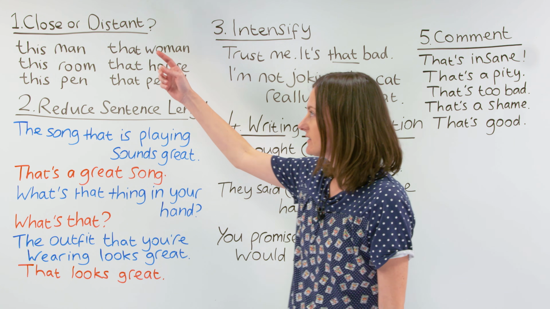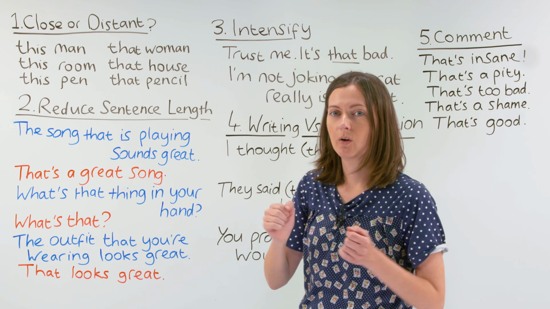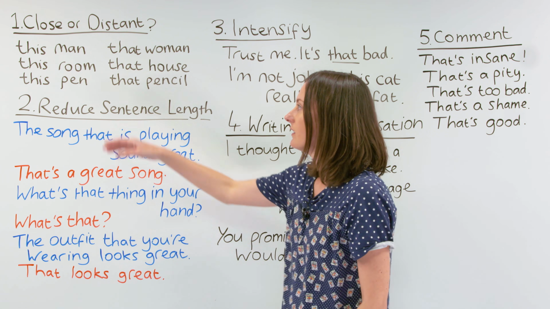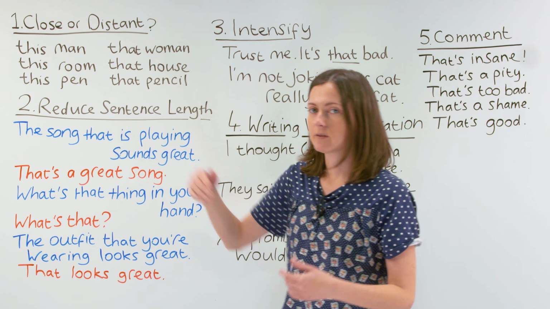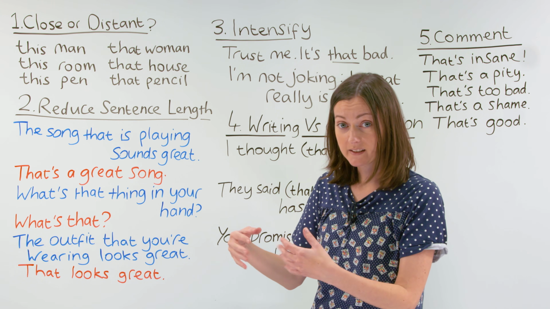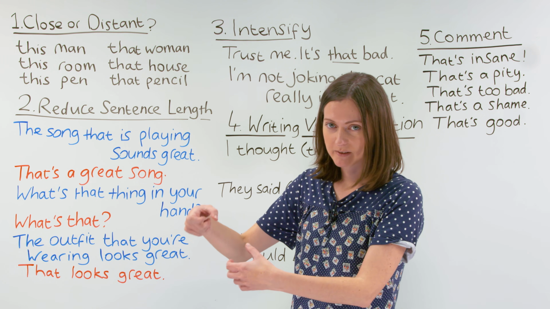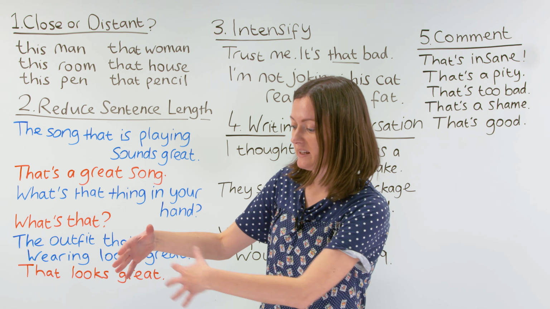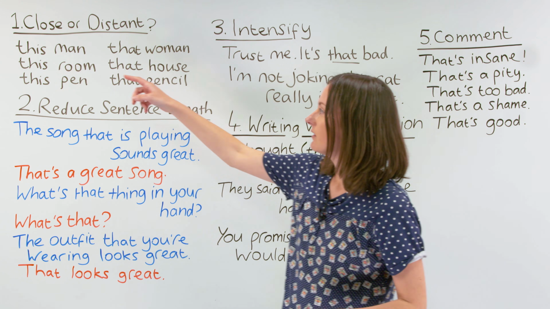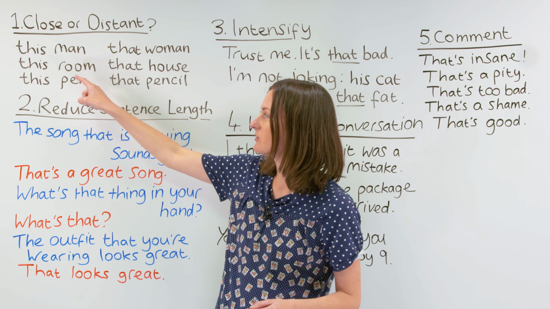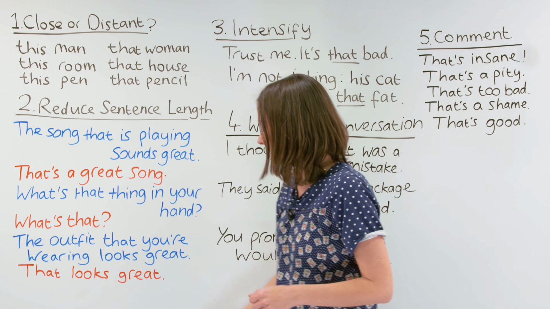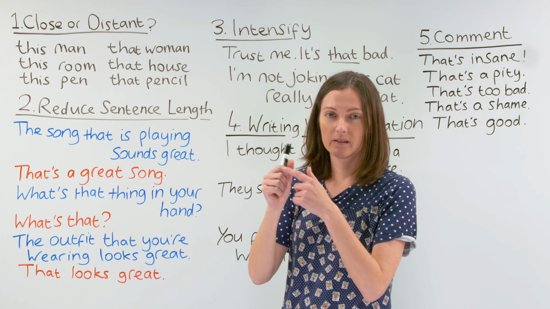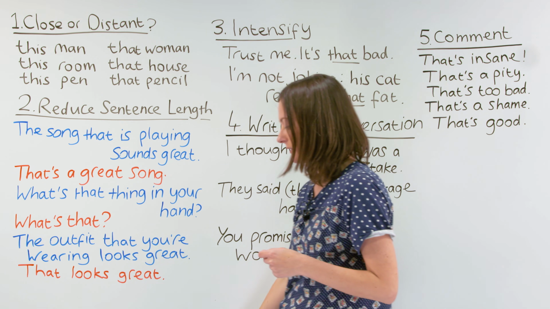First use is something close or distant. When something is close, we can say "this." This is a pointing word. It means close to me. This man, this room, this pen. This pen is close to me.